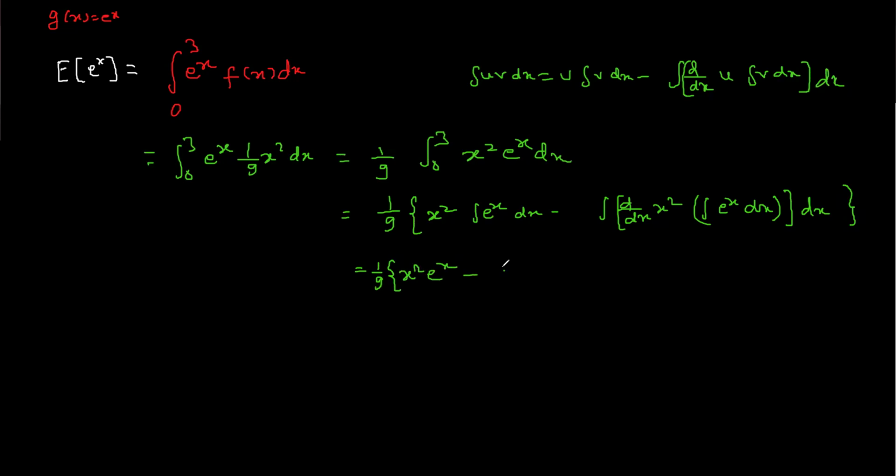Integration of e to the x is e to the x. Derivative of x square is 2x. Integration of e to the x is e to the x dx.